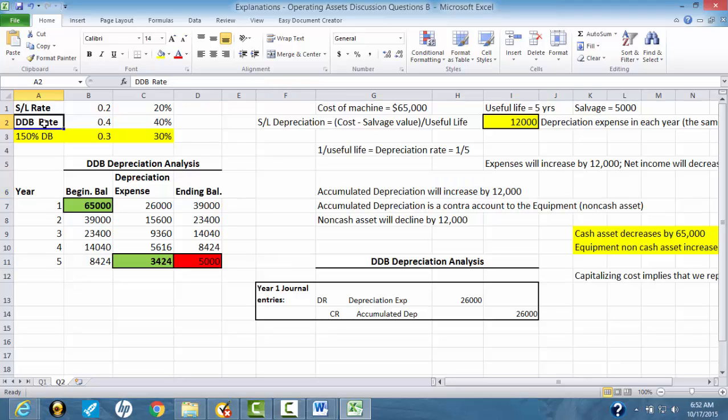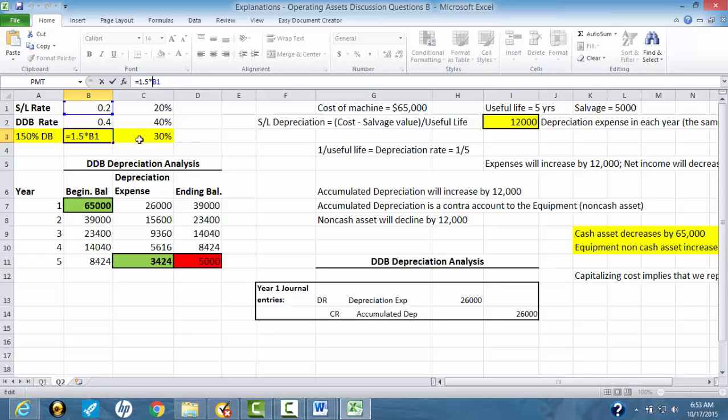all we do is we first focus on the rate at which the balance is declining. It's double declining balance. So we double the straight line rate. Now, assuming we were told it's 150% declining balance, then we would have done 150% of the straight line rate.